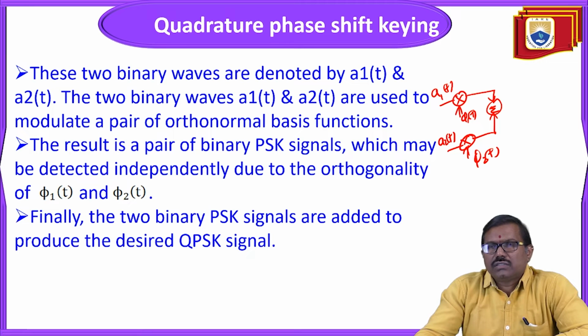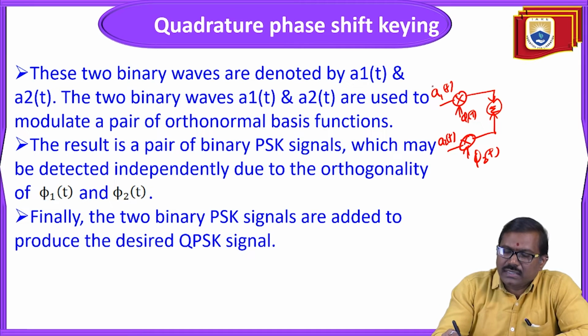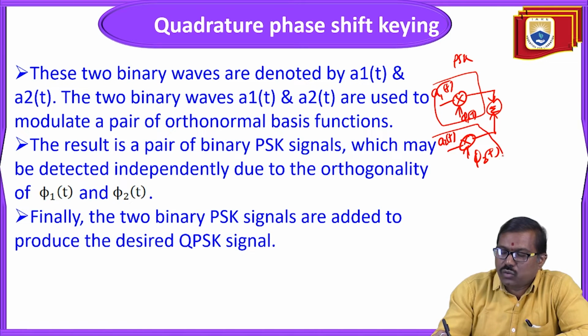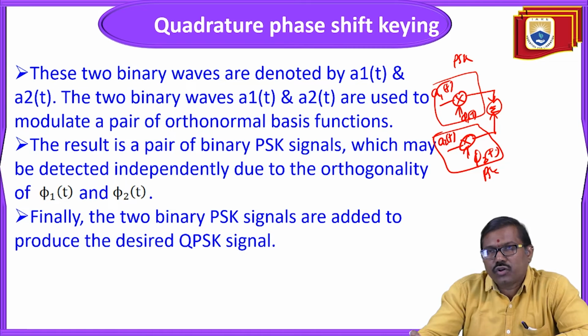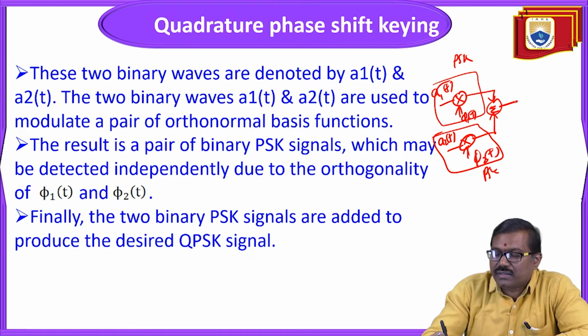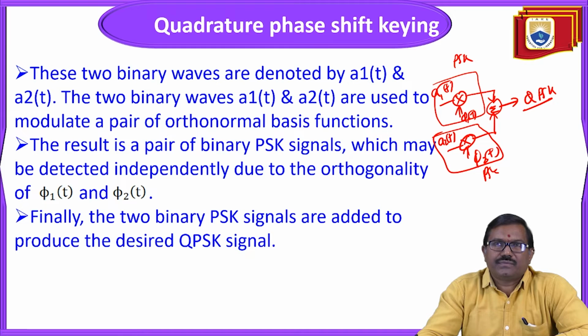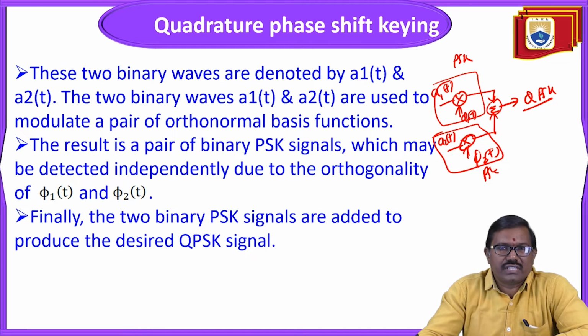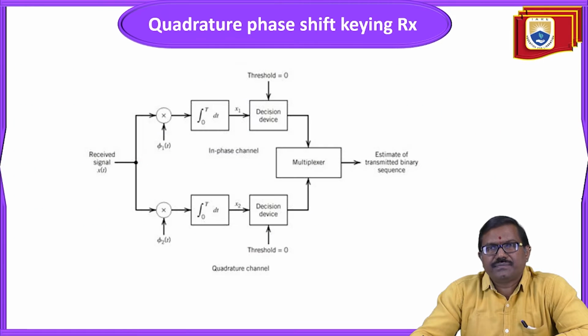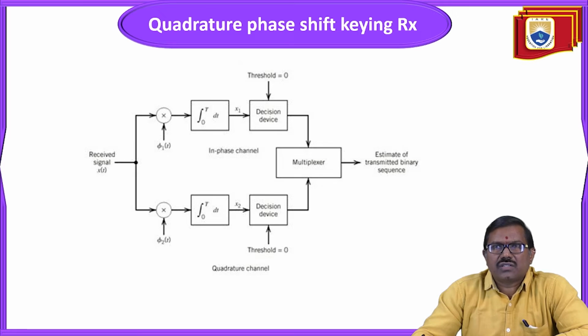So we can consider the upper as one PSK signal and the lower as another PSK. Here I am adding 2 PSK signals, then I produce the required QPSK signal, that is quadrature phase shift keying. And another is the receiver, the QPSK receiver.